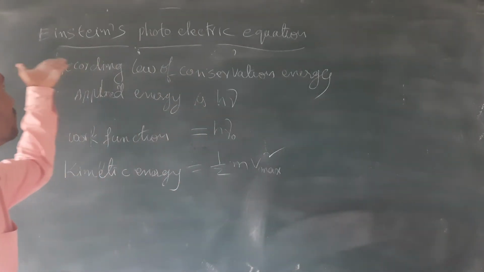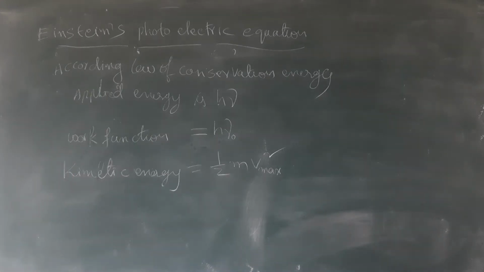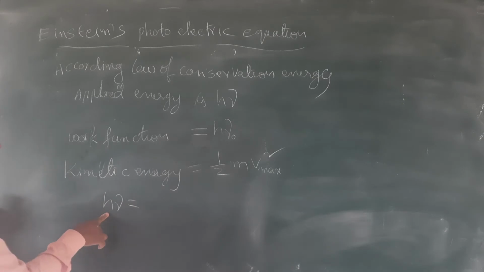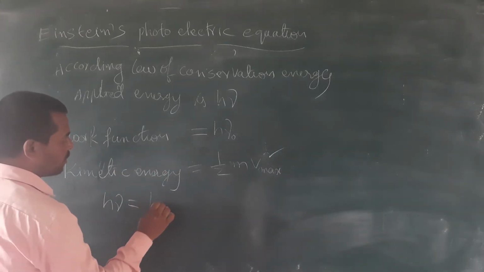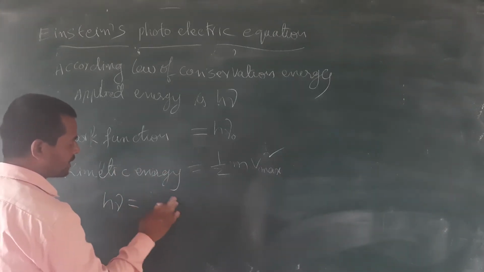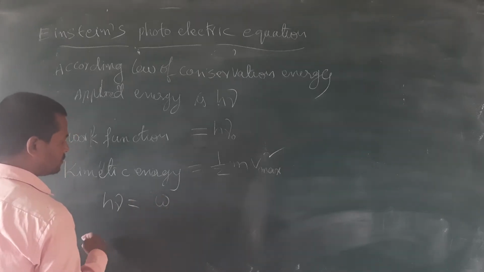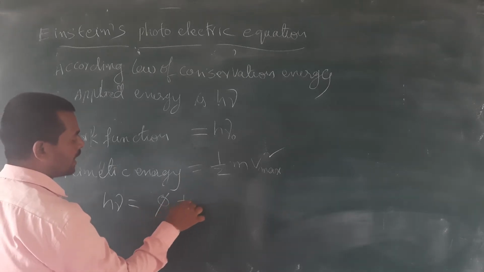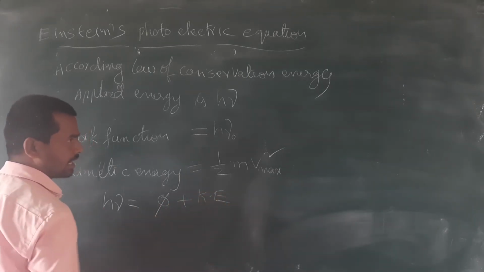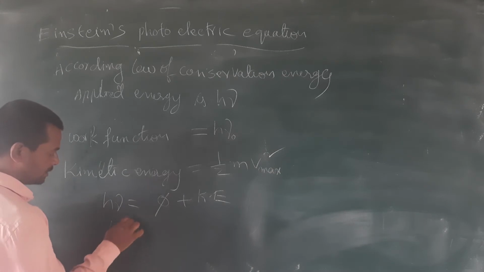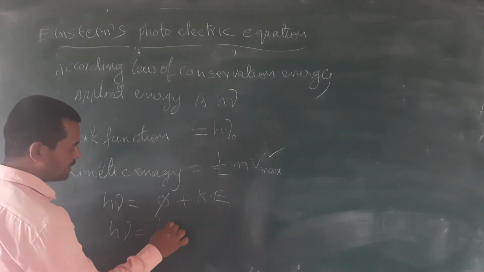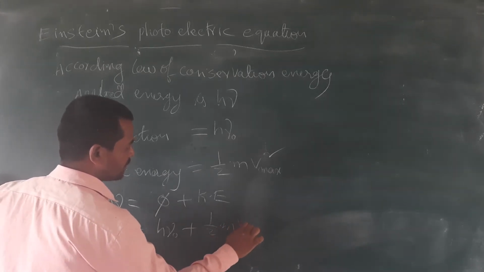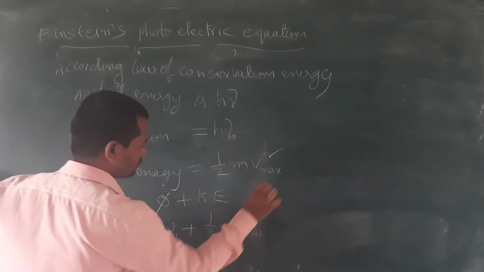So that is the definition of Einstein. Here, h nu is divided into the work function, h nu naught, plus kinetic energy. h nu is equal to h nu naught plus half m v max square.